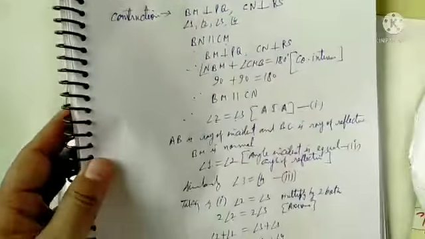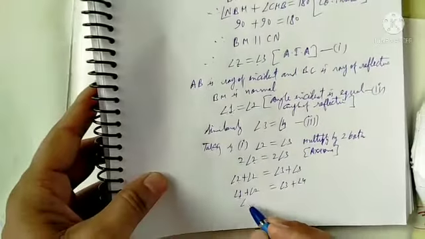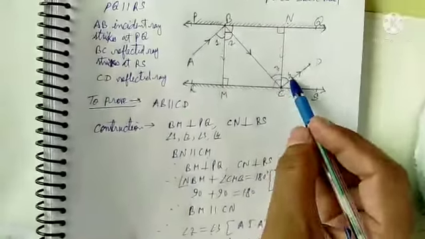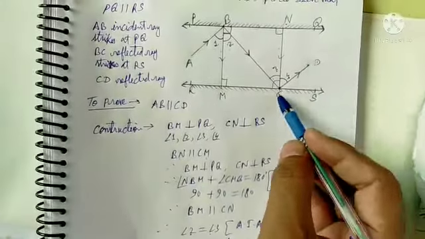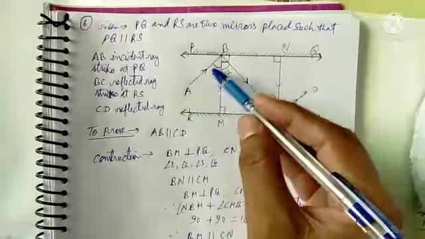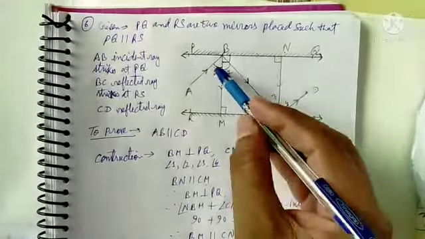There is no space, I am writing here. Angle 1 plus angle 2 is angle ABC, equal to angle 3 plus angle 4, means angle DCB or BCD. Angle BCD. So therefore, angle ABC is equal to angle BCD. What are they showing?